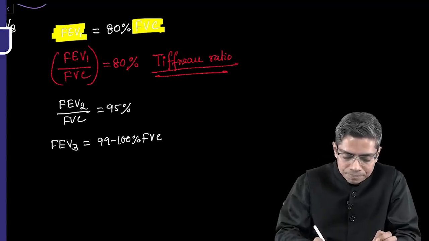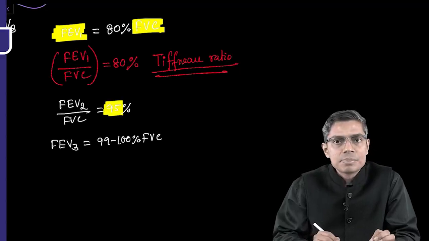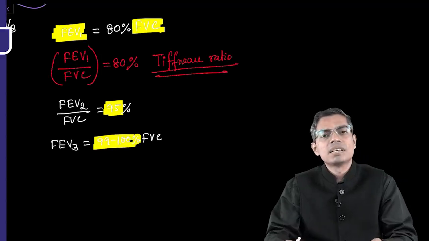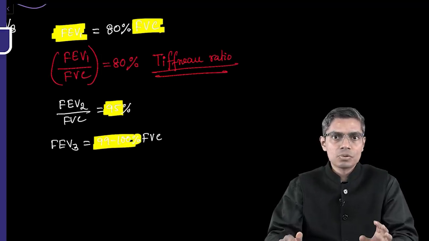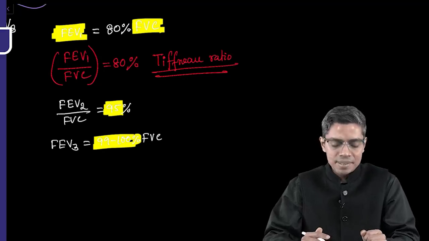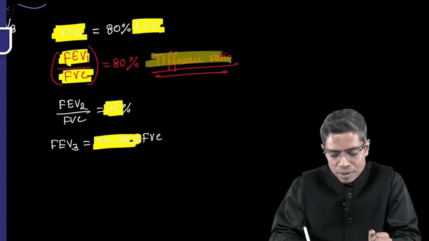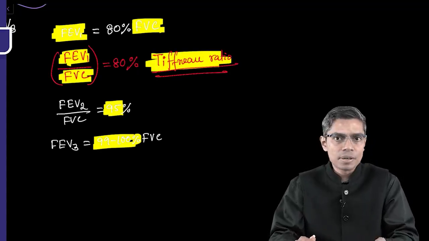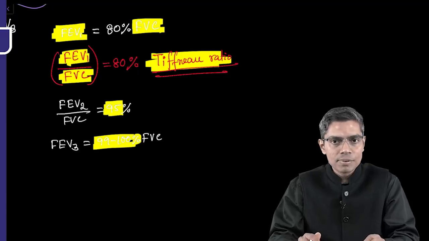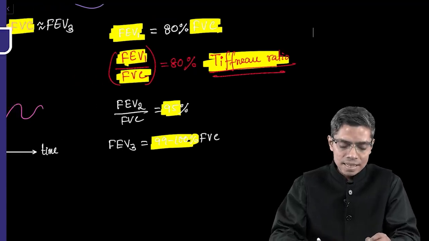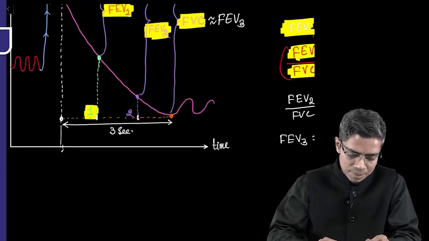This is normal: FEV2 is 95% of the FVC, and FEV3 is 99 to 100% of the FVC. Among all these three, the FEV1 by FVC ratio, also known as the Tiffeneau index, is very important because it is helpful for diagnosis of respiratory diseases like obstructive and restrictive disease.